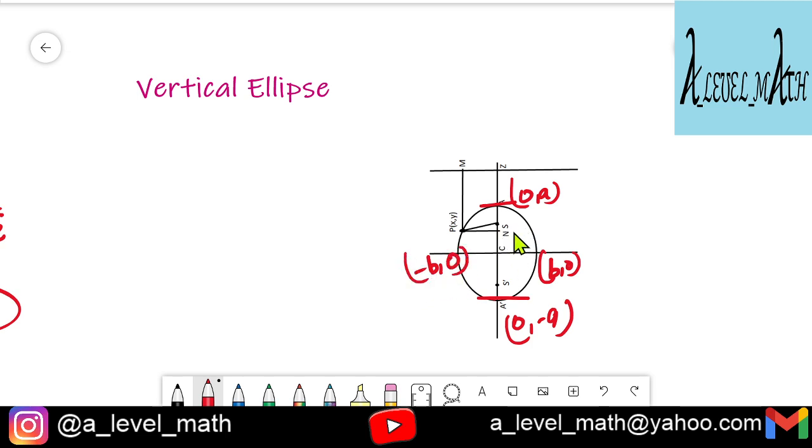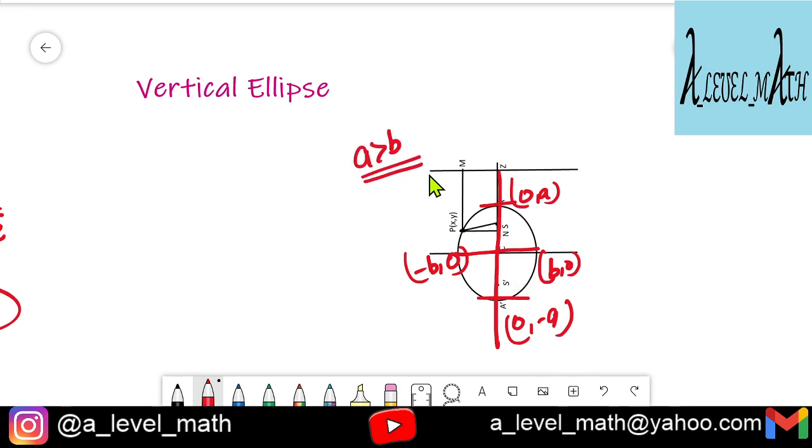Now always remember, the major axis is always greater than the minor axis. Because now this is our major axis and this is our minor axis, always remember the bigger one is the major axis, the smaller one is the minor axis. Because my major axis is 2a units and minor axis is 2b units, a is always greater than b.